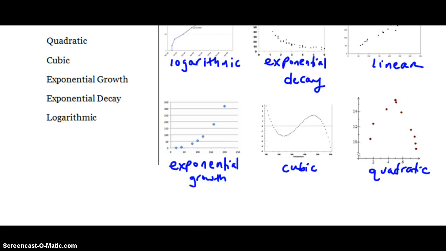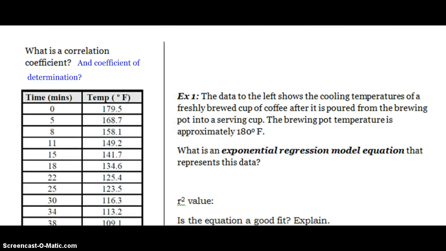Okay, let's bring back some knowledge about how we do regression. Remember, when we're given statistics and data, we're going to use our calculator to help us. And remember, we looked at the correlation coefficient and the coefficient of determination. Please add this wording.